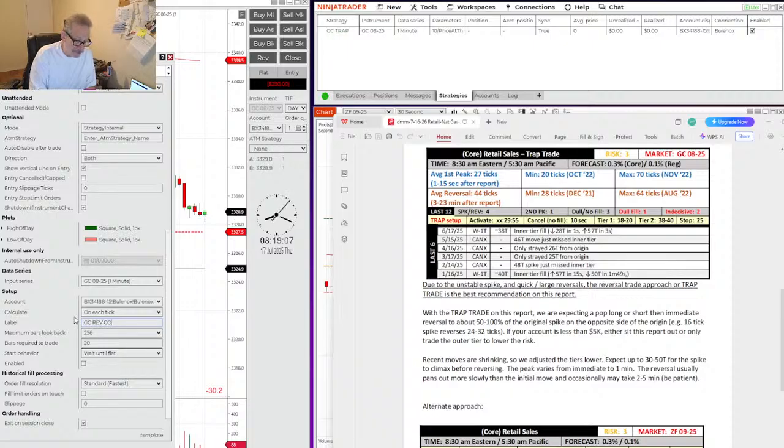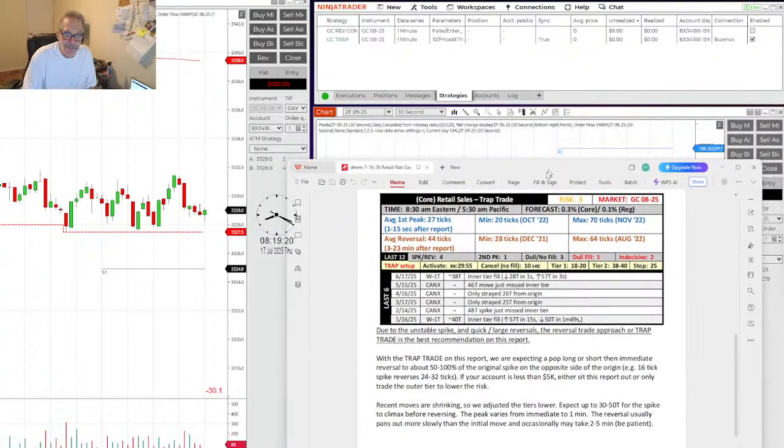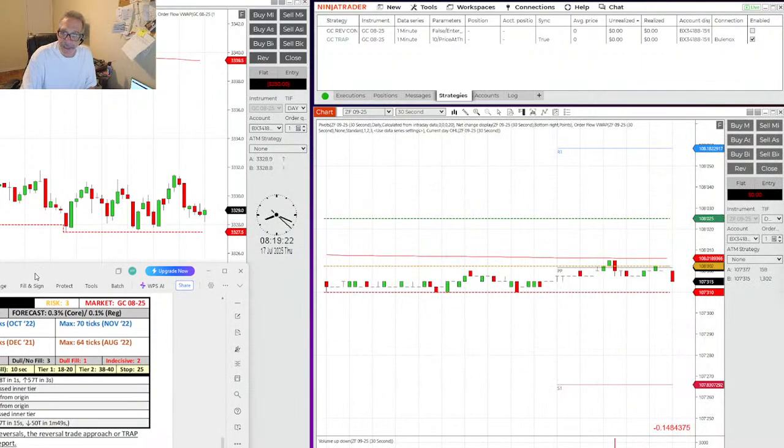We label the trade just like we label the trap with the label field under setup. Choose your account under setup. Same chart as the trap trade, so it really should be the same account. Gold is opening at 820. Keep an eye on the gold open.